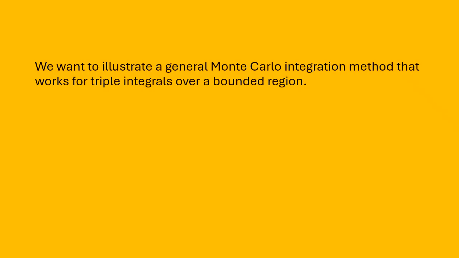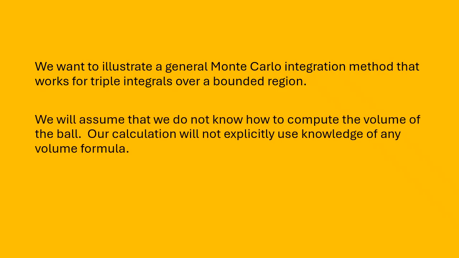We want to illustrate a general Monte Carlo integration method that works for triple integrals over a bounded region. In our case, it'll be a ball of radius 1 centered at the origin. We will assume that we do not know how to compute the volume of the ball. Our calculation will not explicitly use knowledge of any volume formula.